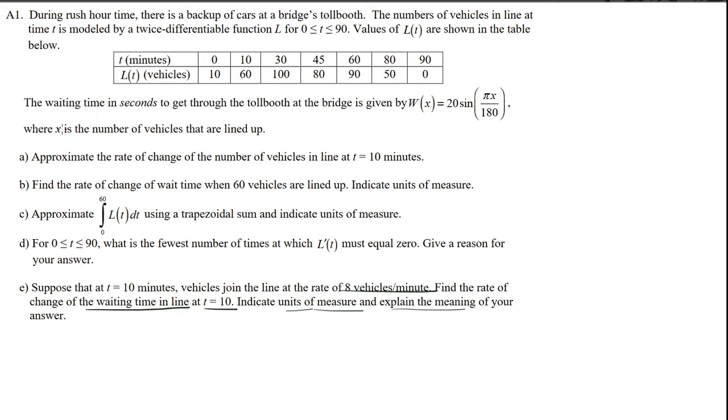So the waiting time takes an input x, where x is a number of vehicles lined up. You see how t equals 10 is not the input for w? One is time, the other one is number of vehicles lined up. So we cannot say, w prime of 10. This is wrong.